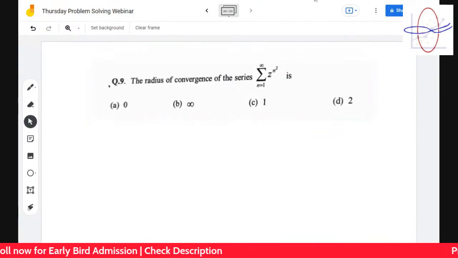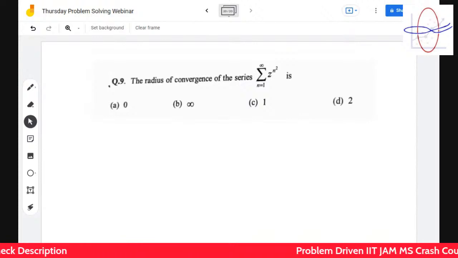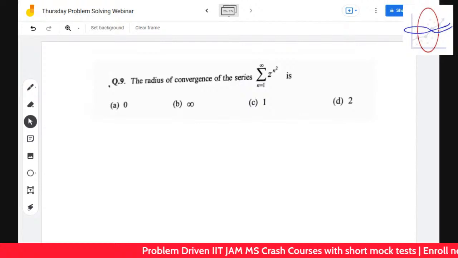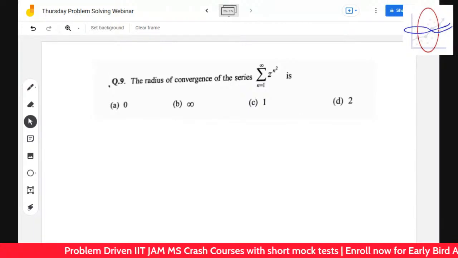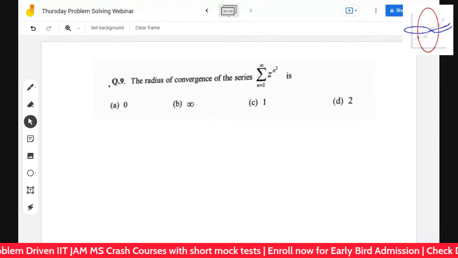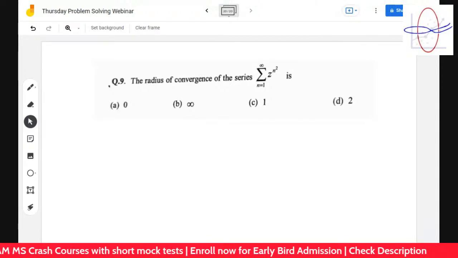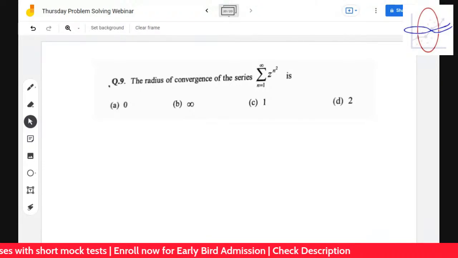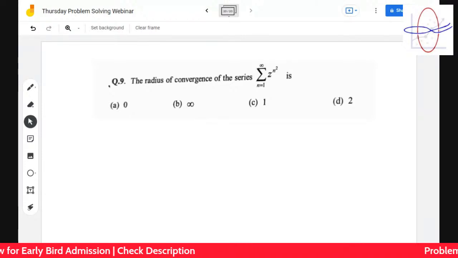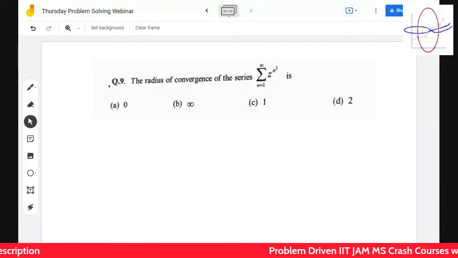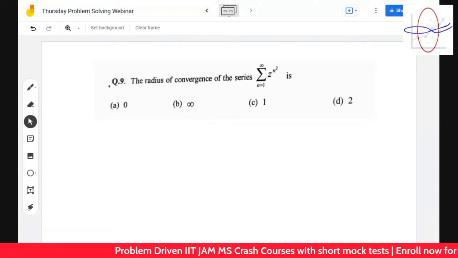So how will you find this radius of convergence, guys? How will you find this radius of convergence? Any ideas?